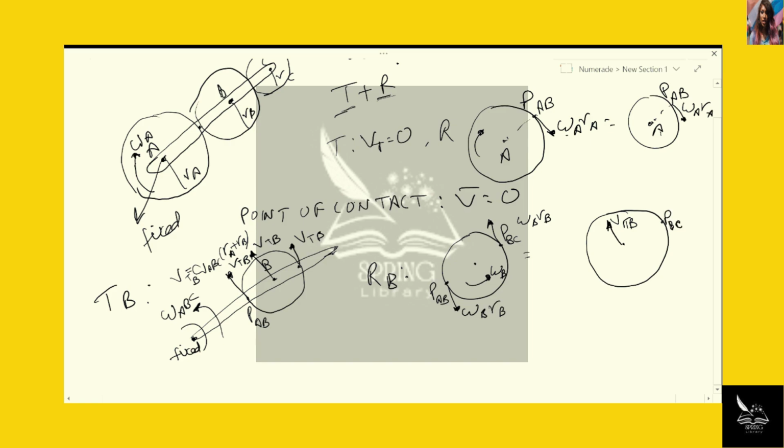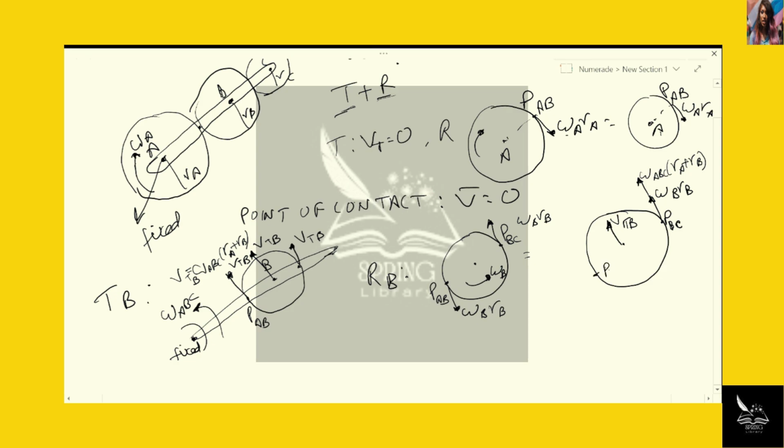BC, the point of contact between B and C, due to the motion up to this analysis point. So here we get omega B RB, and we also get VTB, which is omega ABC RA plus RB.